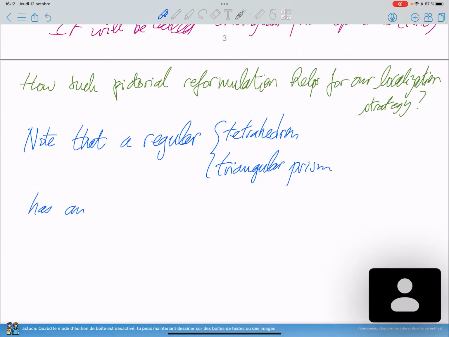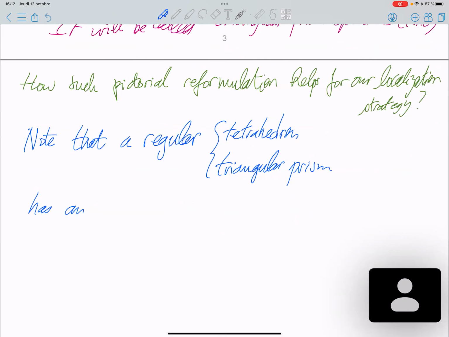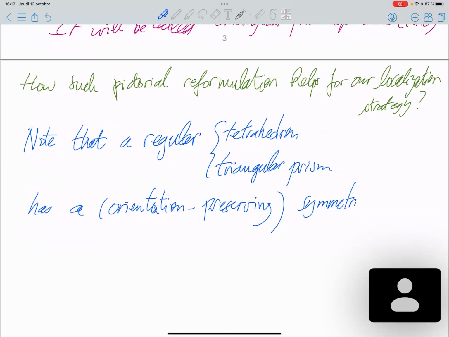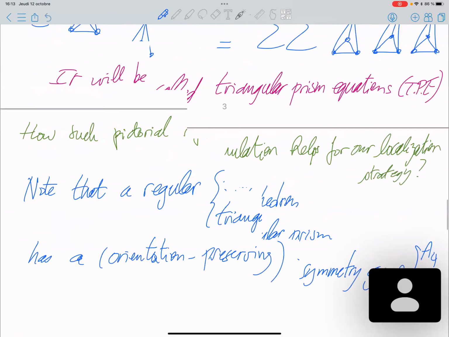For now we consider orientation preserving symmetry group. So the alternating group A4 for the tetrahedron and the cyclic group C6 for the triangular prism.